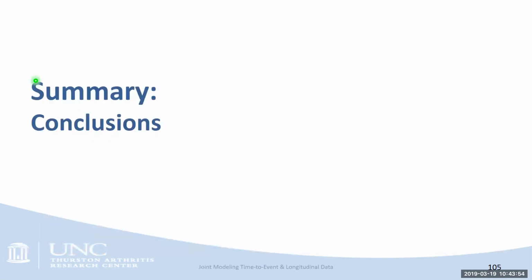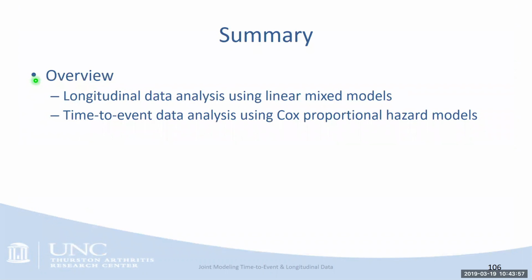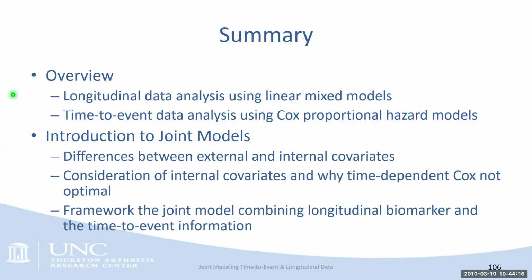And so I want to conclude today. We went over an overview of longitudinal data analysis with linear mixed models and time-to-event data analysis with the Cox proportional hazards model. Again, very standard practices, used a lot in the literature and in research, but we hopefully gave you a good introduction to joint models.